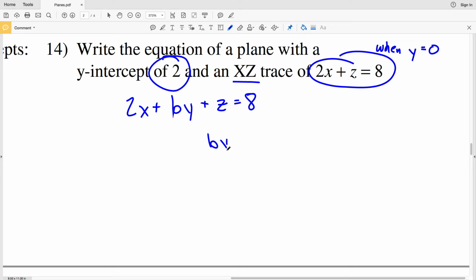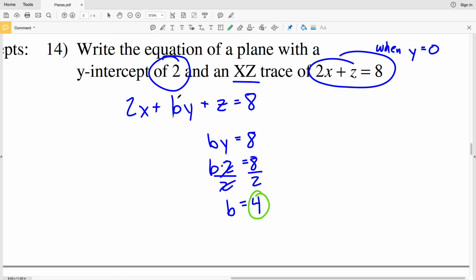So setting by equal to 8, given that our y-intercept value is 2, so y will be equal to 2, I'm going to solve for that coefficient b. So b times 2 equals 8, and that's the y-intercept, so when x and z are 0. So all I need to do is divide by 2 to find that coefficient b, which is a positive 4, because 8 divided by 2 is 4.